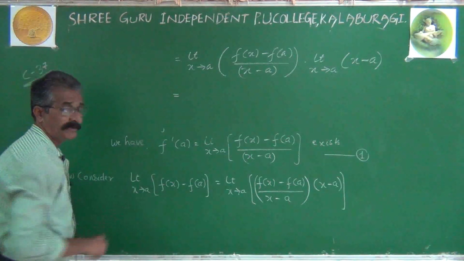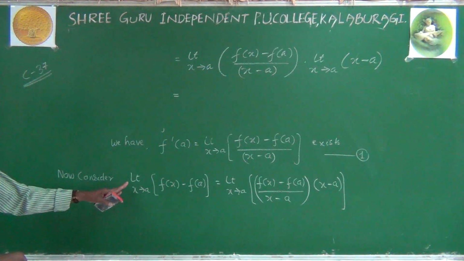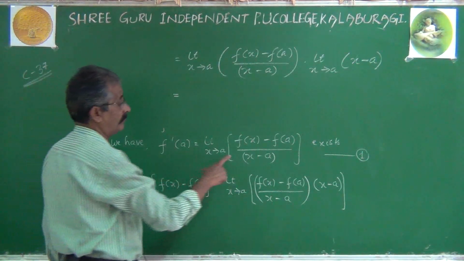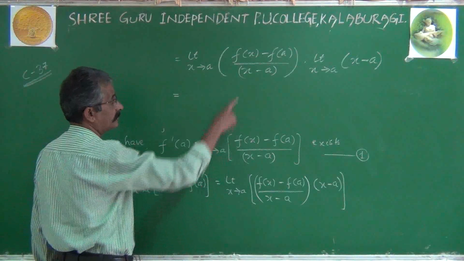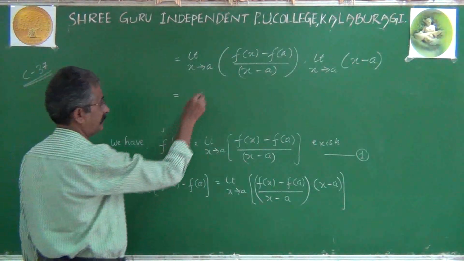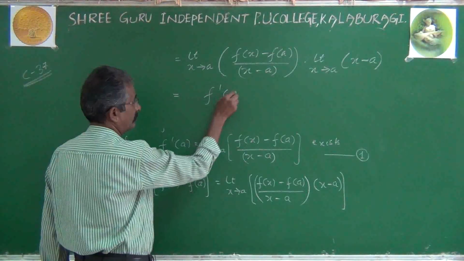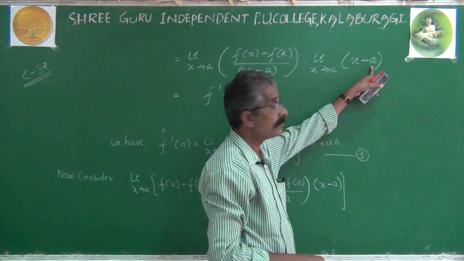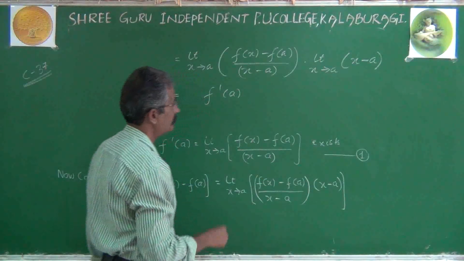That is equal to, on the left hand side, the expression limit of f x minus f of a from equation 1. As we noted, this expression has the same value, f dash a, whereas here we replace x by a because this quantity does not become 0 by 0 form.